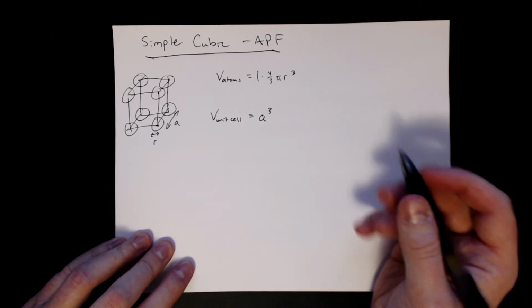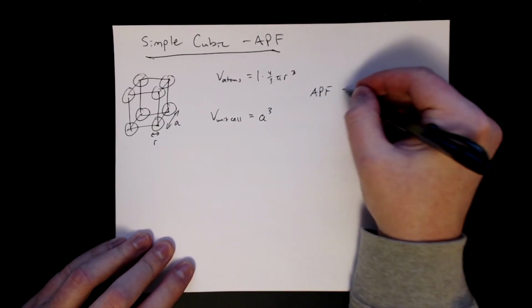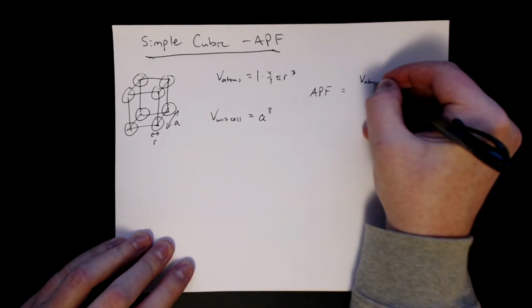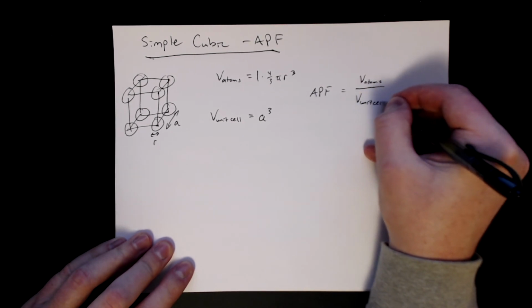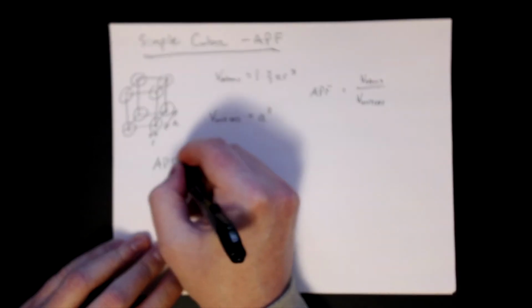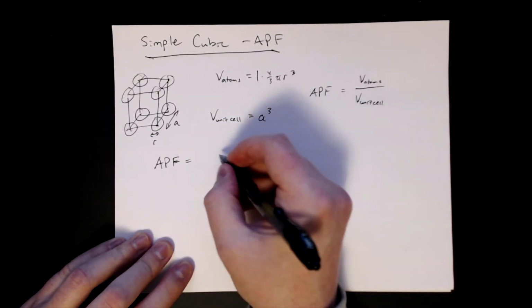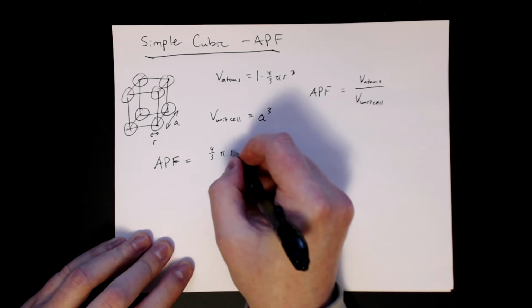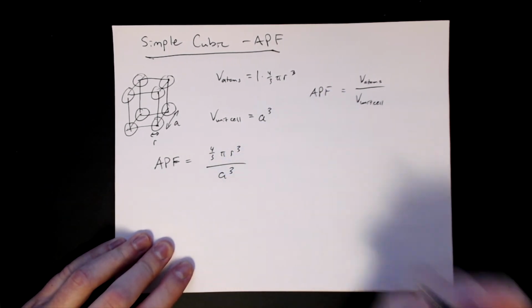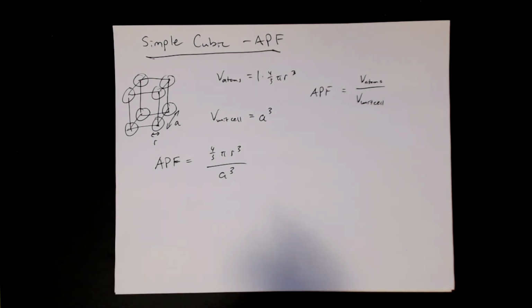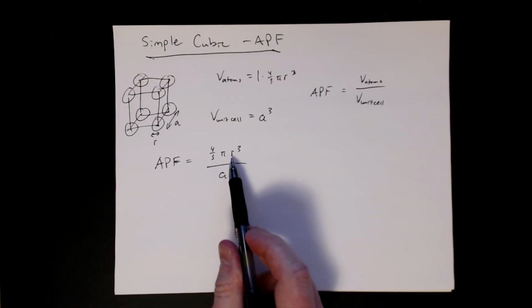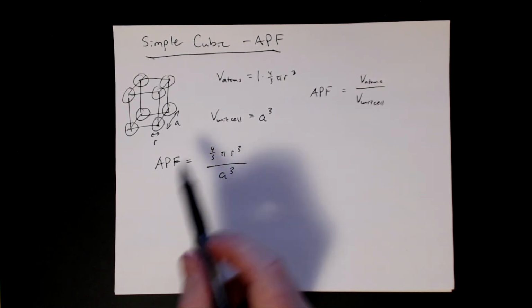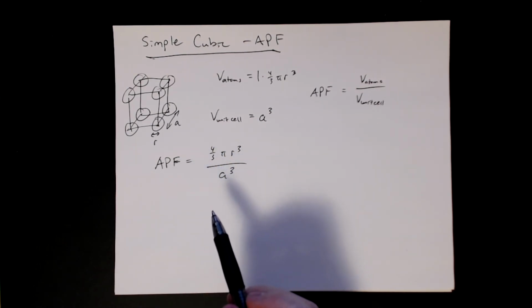The atomic packing factor is the volume of the atoms inside the unit cell over the volume of the unit cell, so it's 4/3 pi r cubed over a cubed. The last step we need is some type of relationship, because we have r and a, so we can't simplify this expression yet.